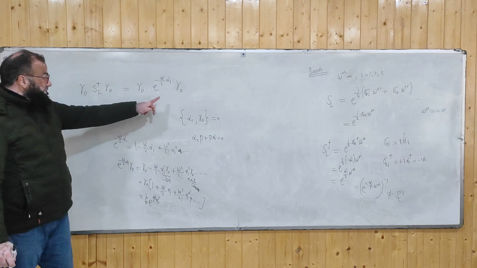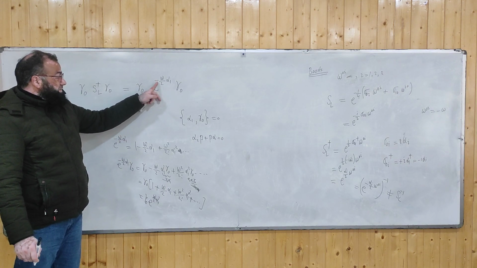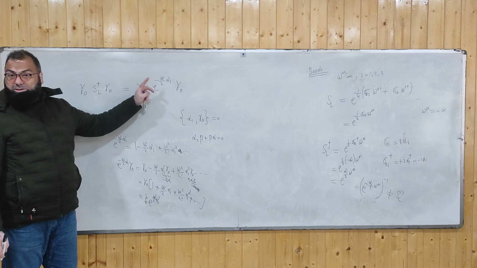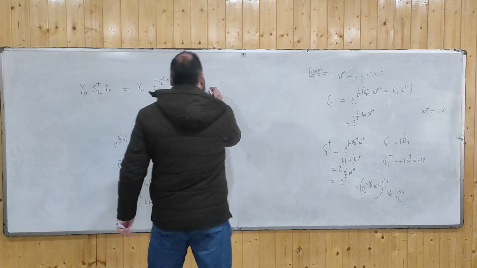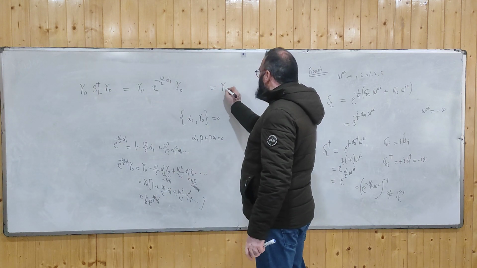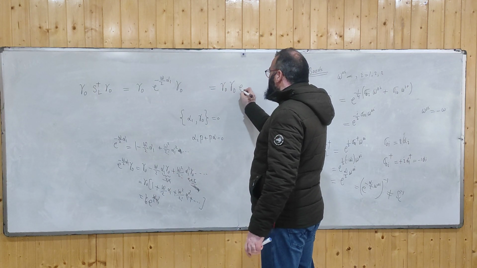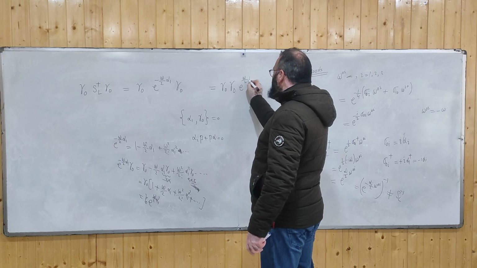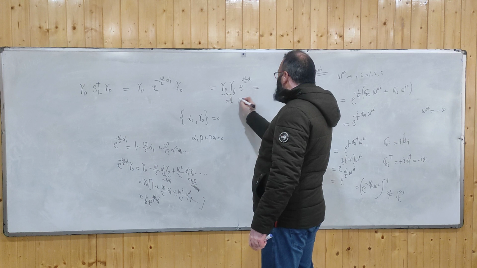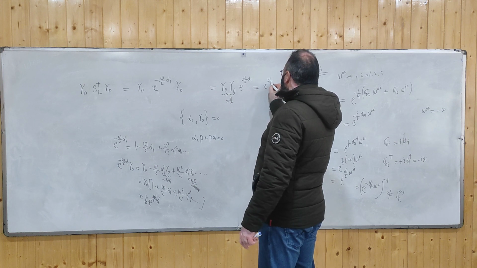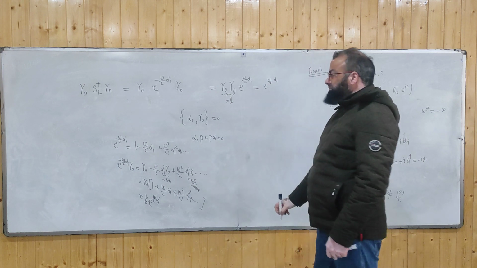So once you anti-commute, where does the minus appear? Here. Everybody followed it? Okay, good. So therefore I can write this object as gamma 0 e raised to the power omega by 2 alpha 1 gamma 0. And gamma 0 square is equal to identity, so it is equal to e raised to the power omega by 2 alpha 1.